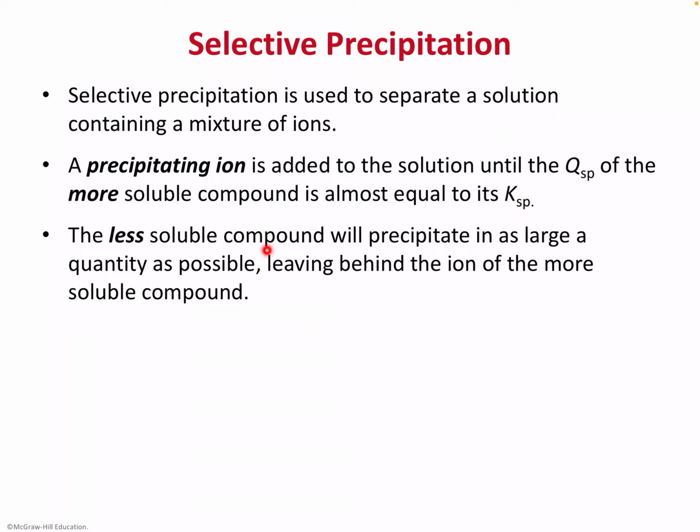The less soluble compound will precipitate in as large a quantity as possible, leaving behind the ion of the more soluble compound. That's what we do if we want to do a selective precipitation. So that concludes our session for chapter 19.